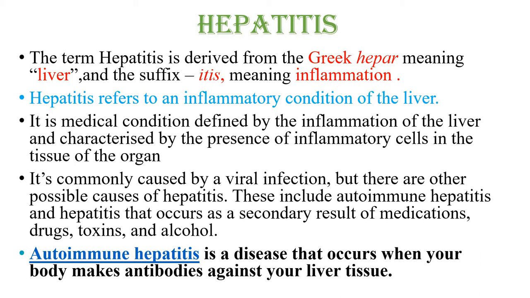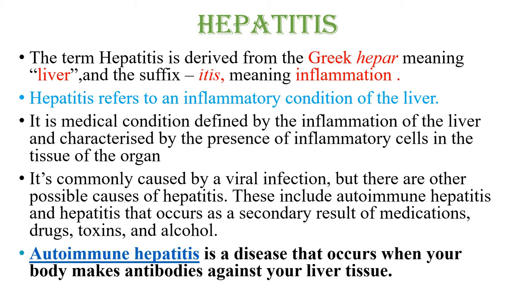It is commonly caused by a viral infection, but there are other possible causes of hepatitis. These include autoimmune hepatitis and hepatitis that occurs as a secondary result of medications, drugs, toxins, and also by the use of alcohol.